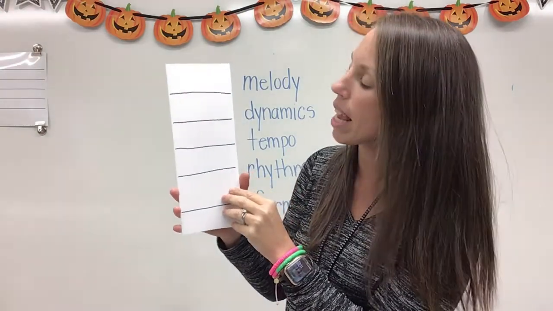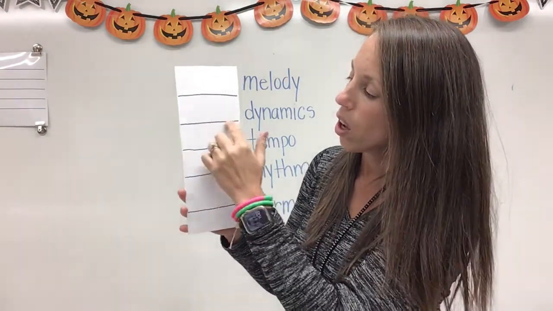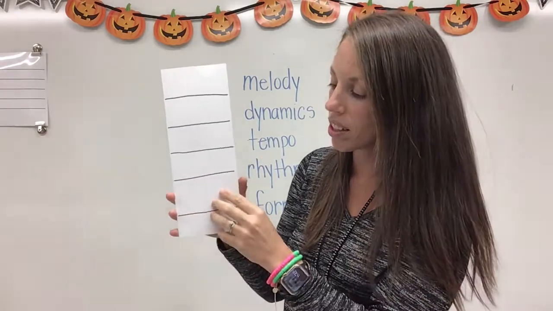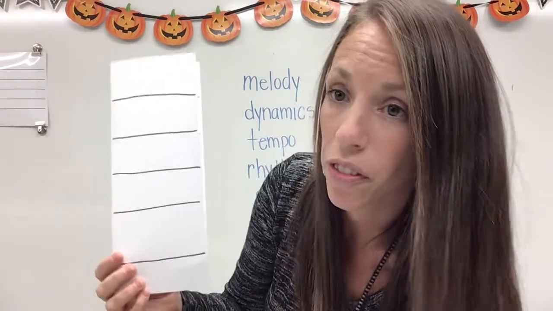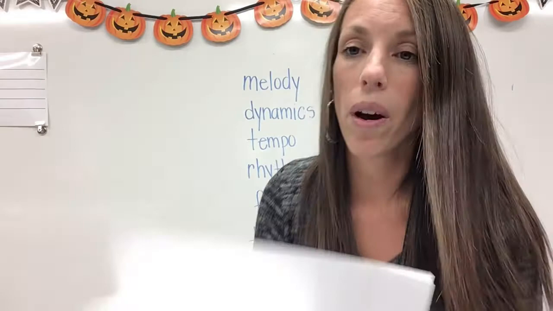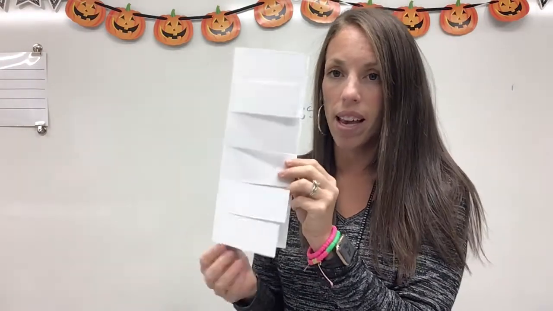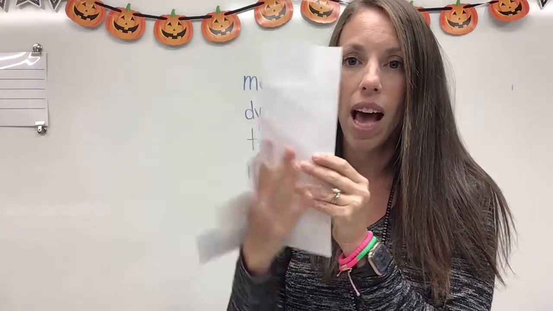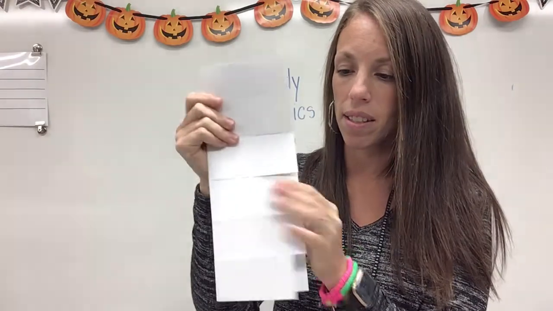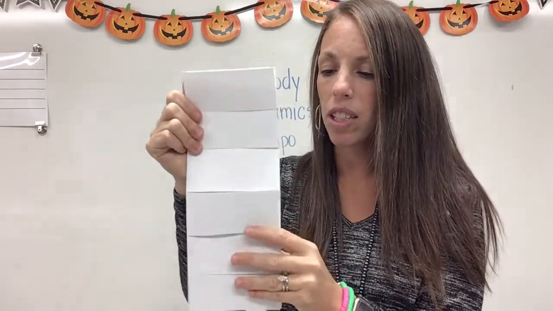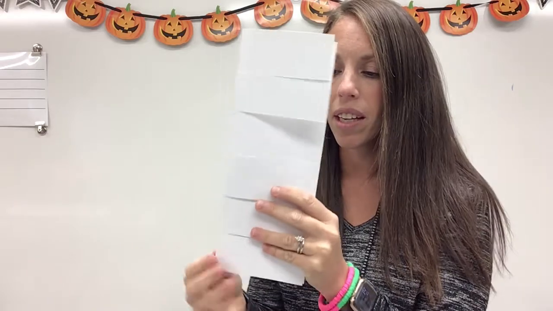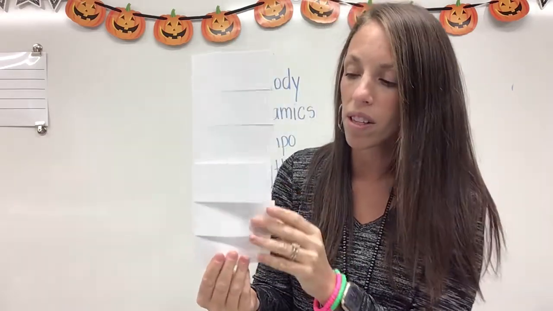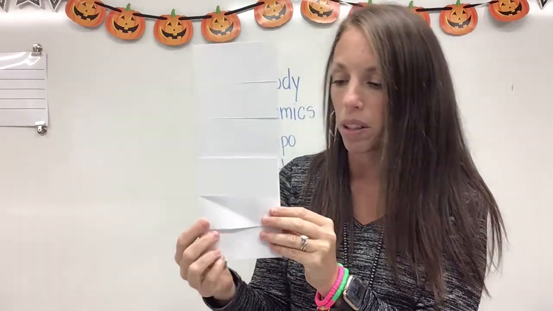So go ahead and take a moment to cut across each of these lines. And when you're finished, you will have something like this. And you will see that you can open this flap and the back is still intact. So you will have 6 sections like this. And if you need additional time, please feel free to pause this video at any time so that you can catch up.